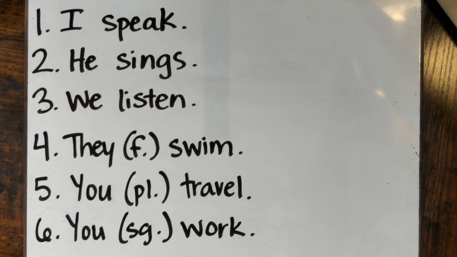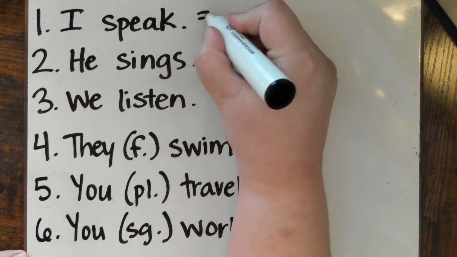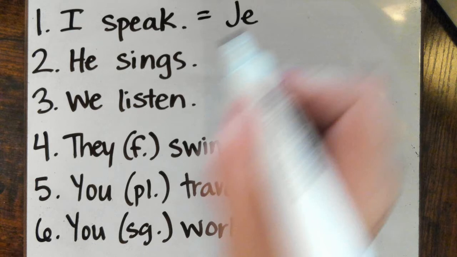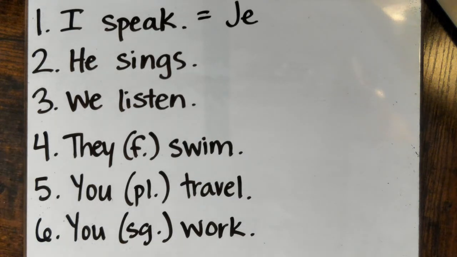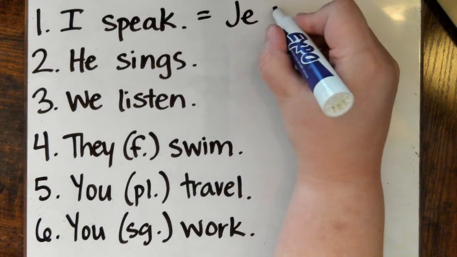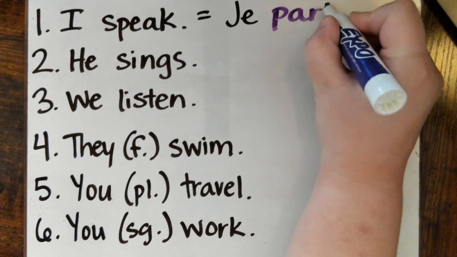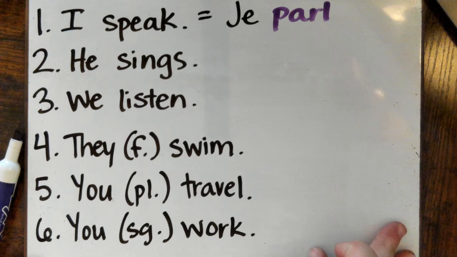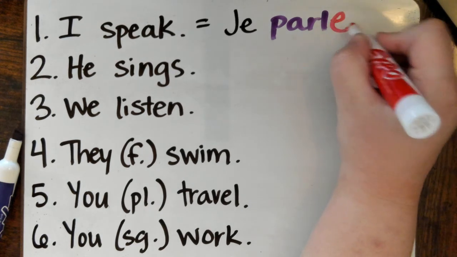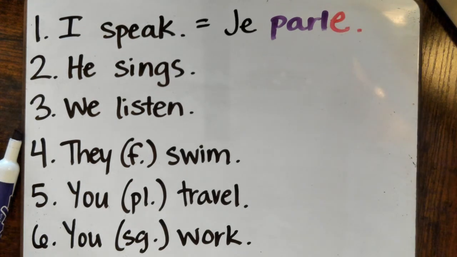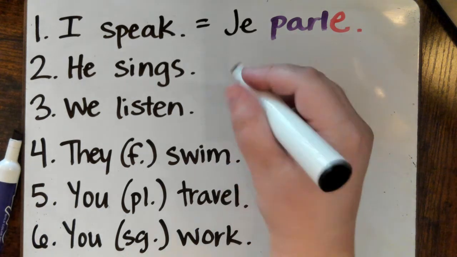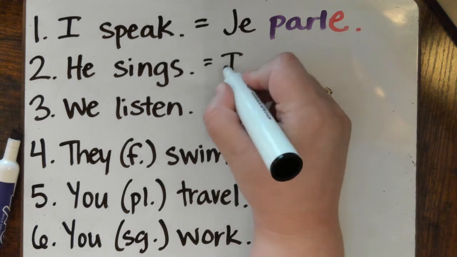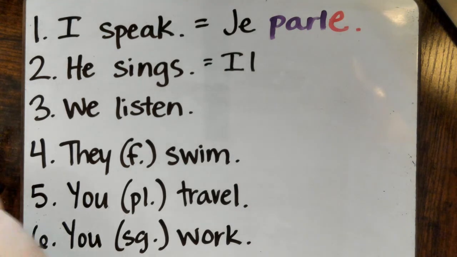Okay, now let's go over the answers. So number 1, I speak. So my subject is je, and my verb is parler. So when I conjugate it, I have P-A-R-L as my stem and E as my ending. Je parle. Number 2, he sings. Il is he.